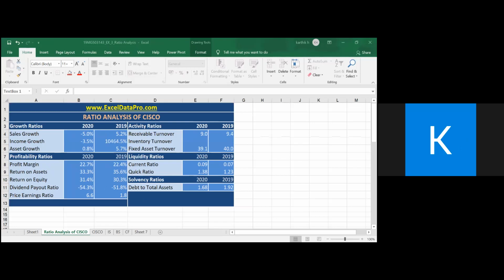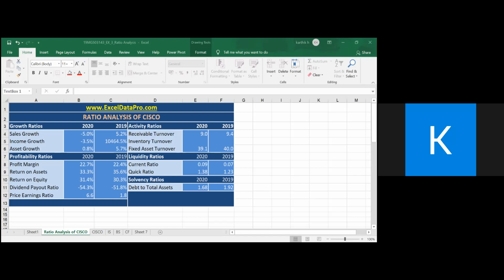Over time, the asset growth of Cisco has decreased from 5.7 to 0.8. Next, calculate the profitability ratio. Profitability ratio measures the business's ability to earn profits related to its associated expenses. Profit margin increased due to the increase in sales, from 22.4% to 22.7%. Next, return on asset is 33.3% in the year 2020 and 35.6% in the year 2019.